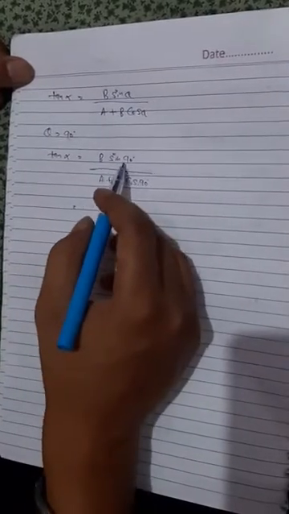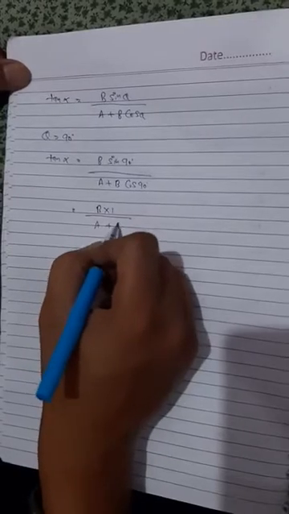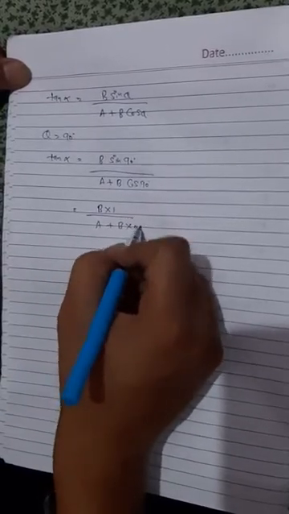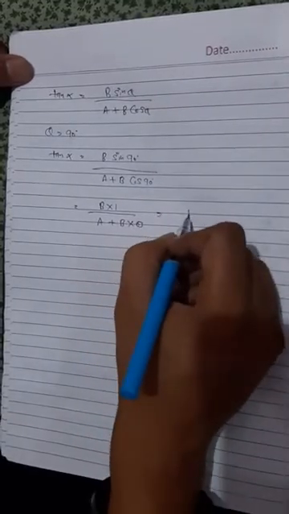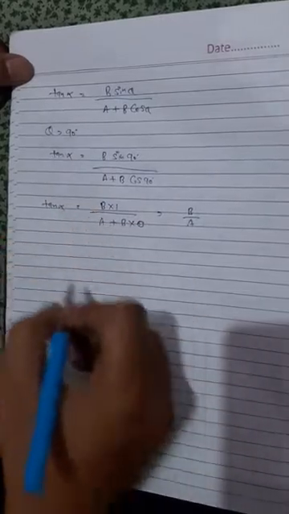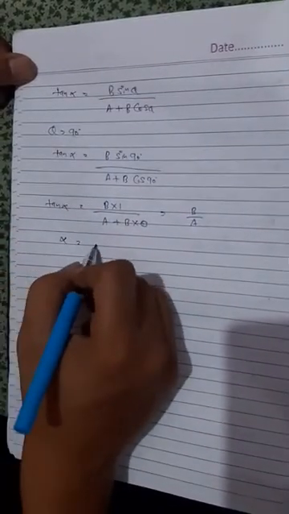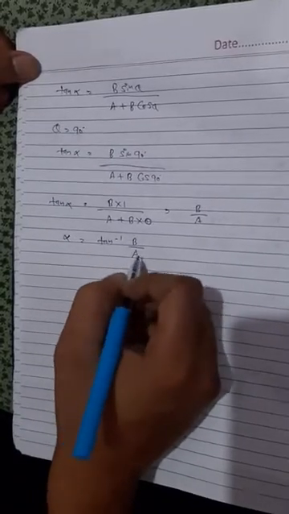We know sin 90 is equal to 1, so b multiplied with 1, and a plus b cos 90, where the value of cos 90 is 0. So we are finally left with b by a. So your tan alpha is b by a, and alpha will be tan inverse b by a.